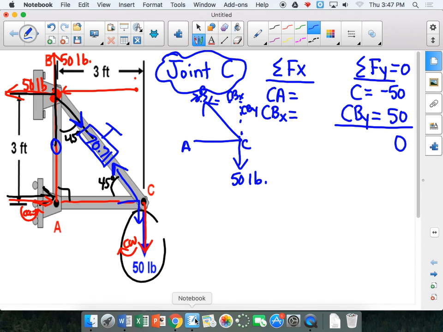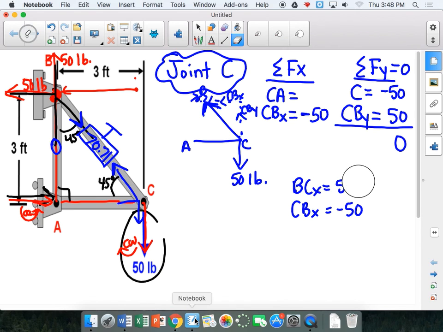Now CB in the x direction, since this is going up, that means this vector is also going up, and it's going up and to the left. So that makes CBX negative. And we found BC in the x direction a minute ago, and it was positive 50. So if BCX is positive 50, that means CBX is negative 50. And that's working out for us because this vector is going up and to the left, so it has to be negative 50.